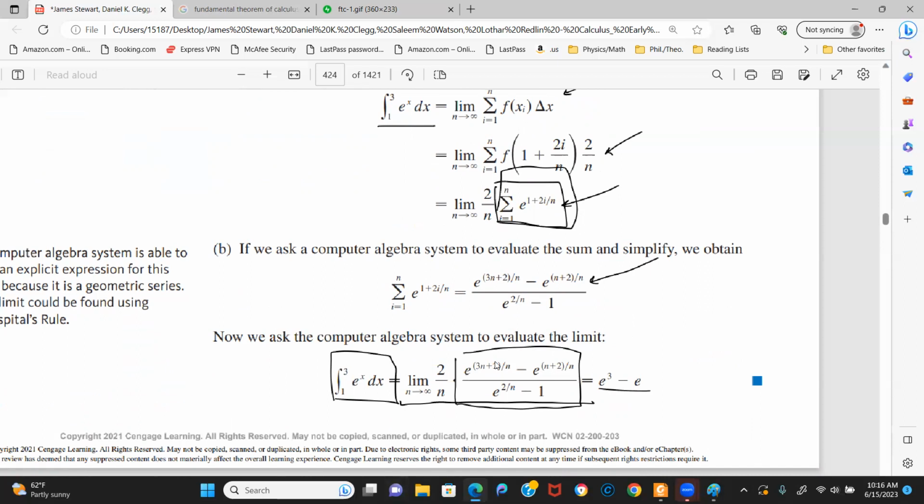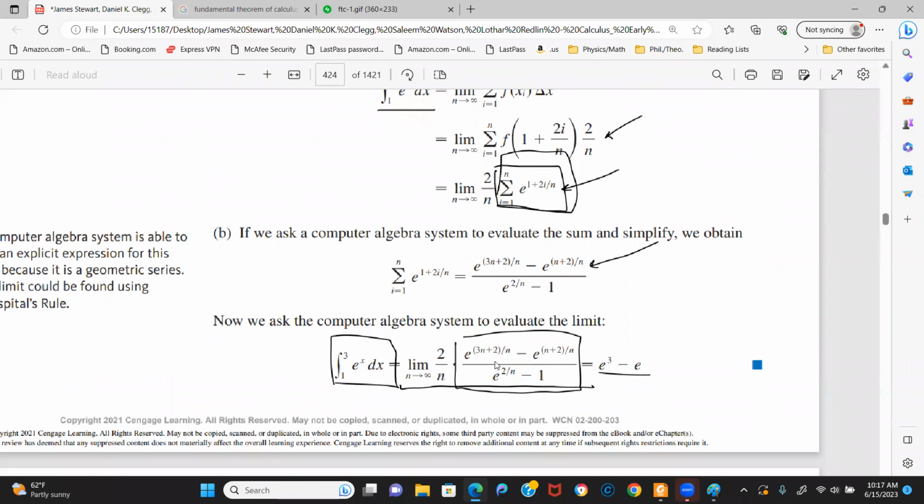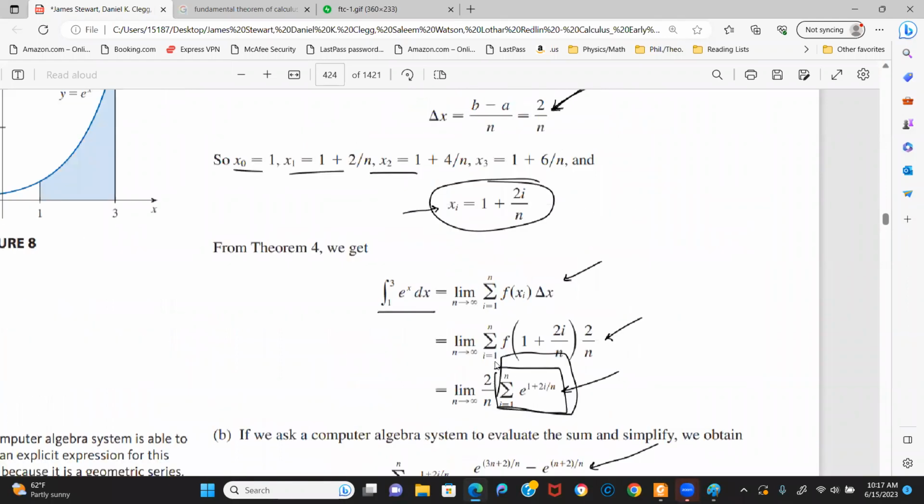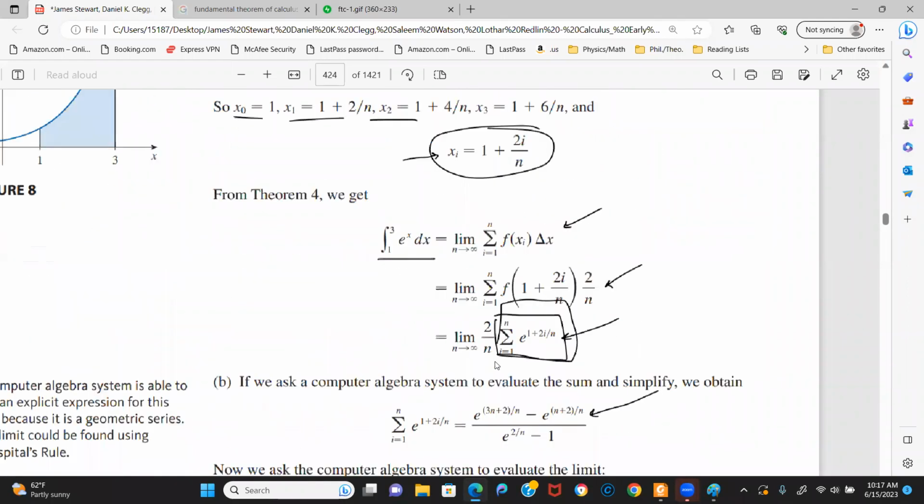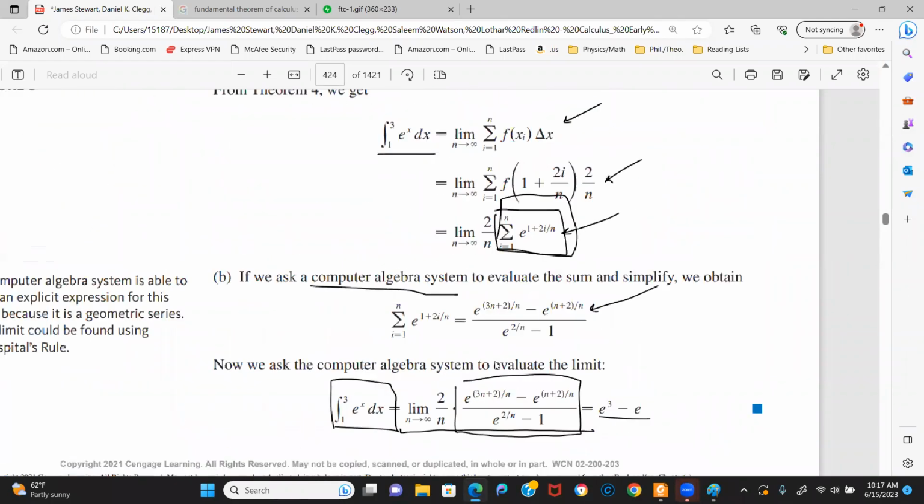Now I imagine you could probably figure out these sums and limits by hand, but I'm sure that they are absolutely positively awful to go through. There's a lot of work being covered up because we're asking a computer to do a lot of work. So there's tons and mountains of work to just compute this one integral.